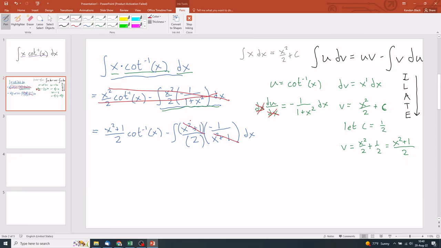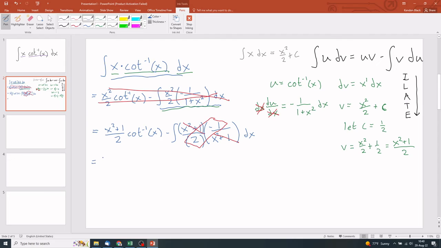But anyway, after this cancels, the only thing that's left is this negative 1 over 2, which is just a constant. So we could pull that out of the integral symbol, just in front of the integral, or you could leave it in and evaluate the integral of negative 1/2. Either way, it really doesn't matter.